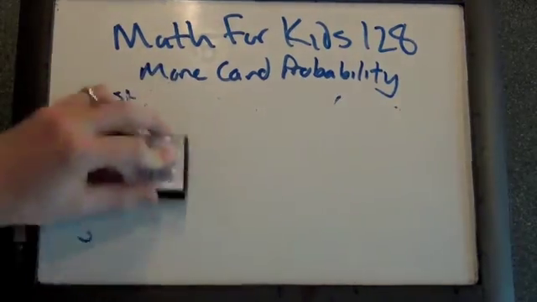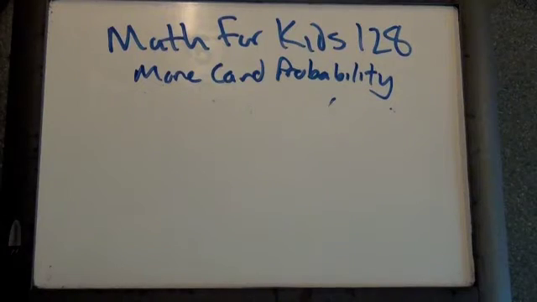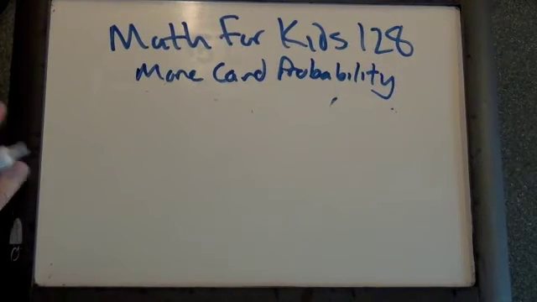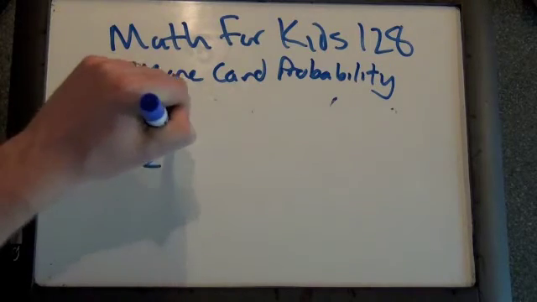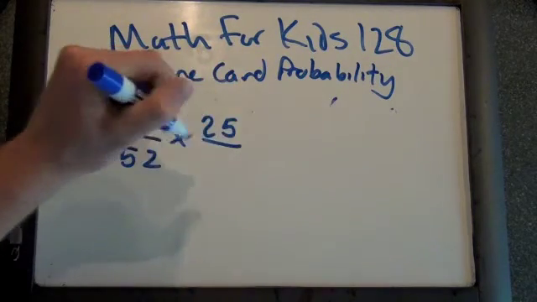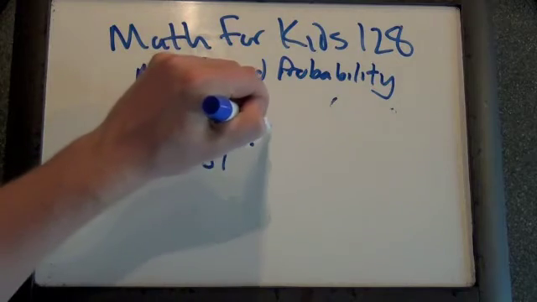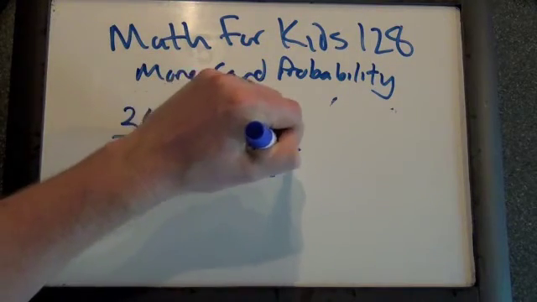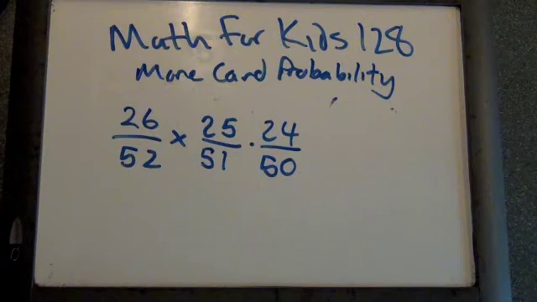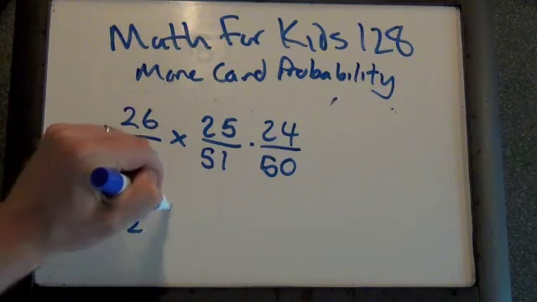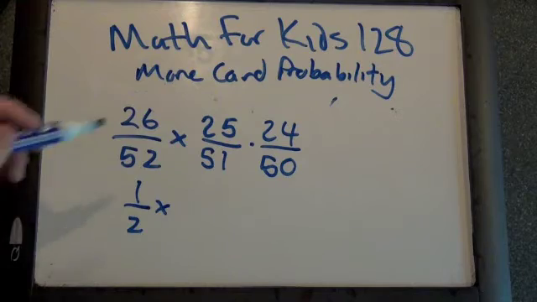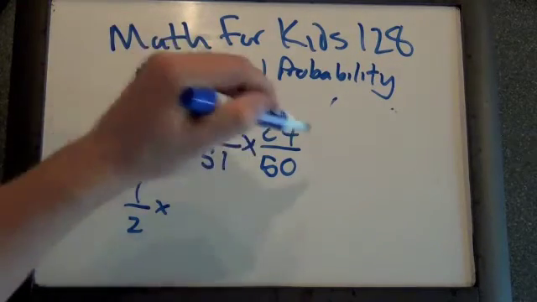We're going to take 26 out of 52 times 25 out of 51 times 24 out of 50. Now, this looks like a nightmare to multiply out, right? But there's actually some simplifications we can do. 26 out of 52 is equal to what? Half, 1/2.